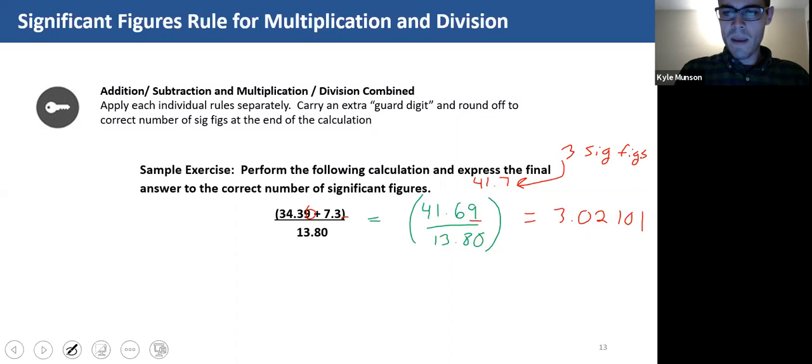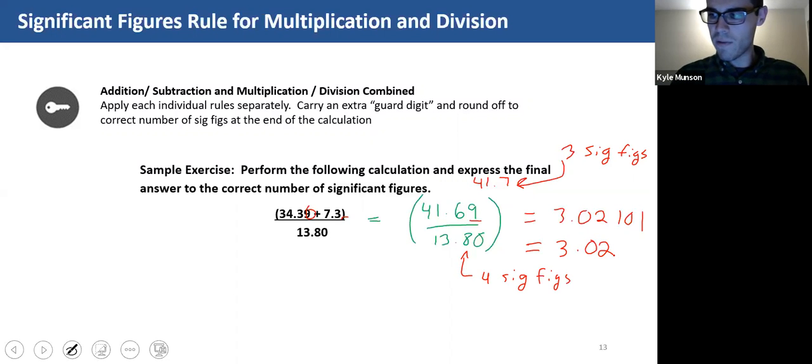Okay, this has 4 significant figures. So my answer can only have 3 because when I multiply and divide, it's the lowest. So I need to round this to 3 significant figures, 3.02. The answer can only have 3 significant figures.